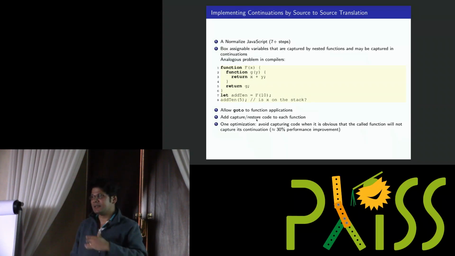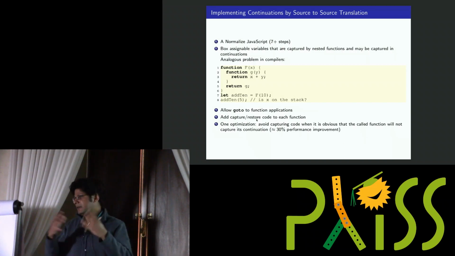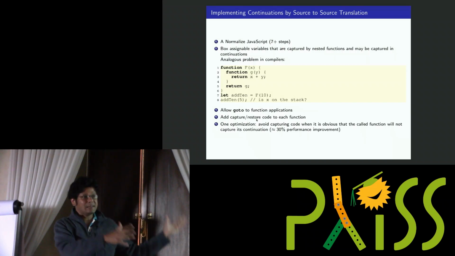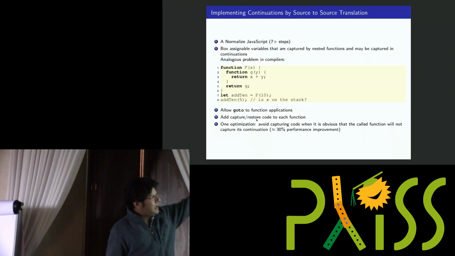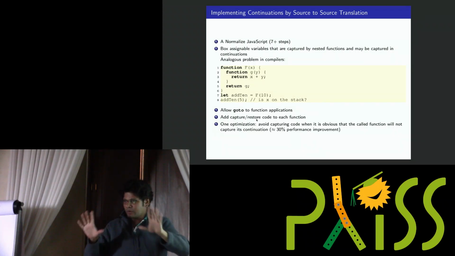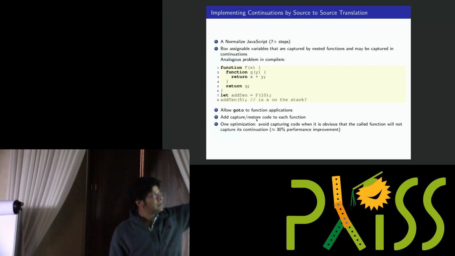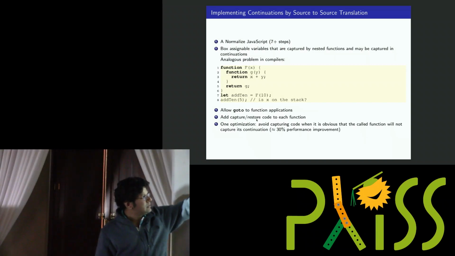I want to show you another problem that occurs in compilers, and it's an analogous problem that happens here. Let's ignore continuations for a moment. Say you have a function f, and inside it you have a nested function g, and we're returning g. What g does is x plus y.